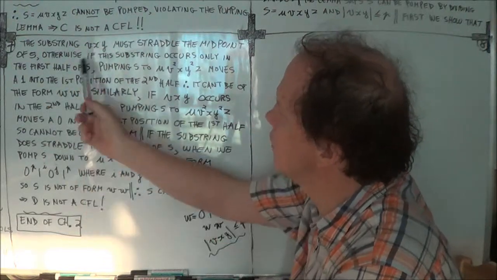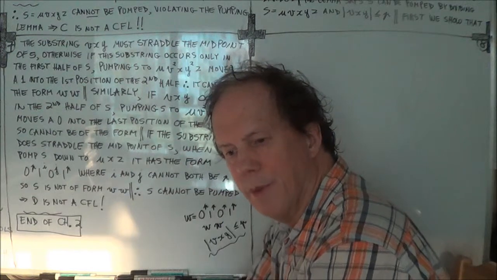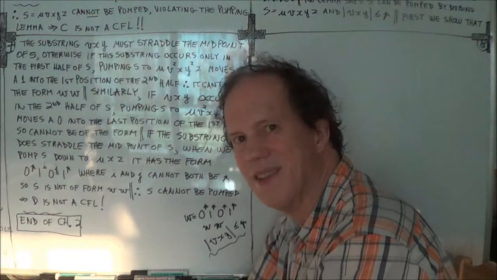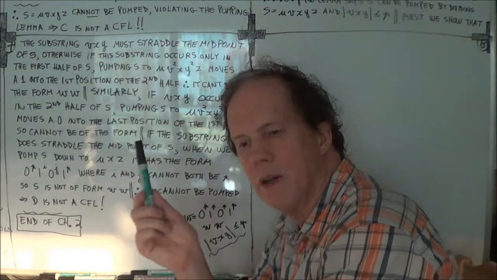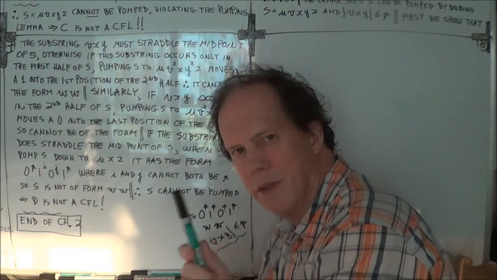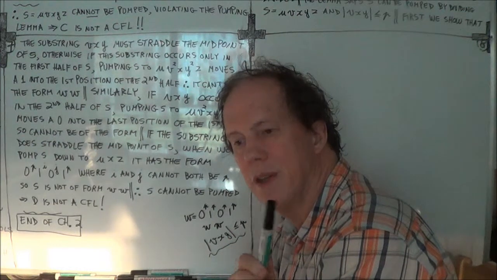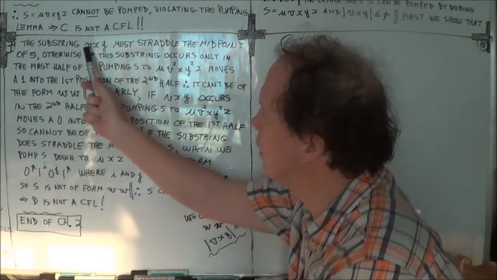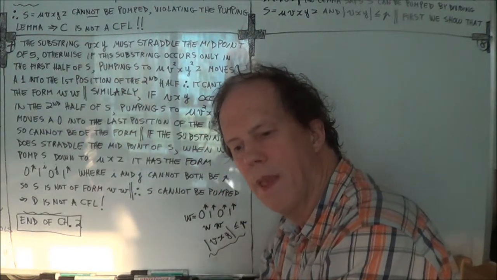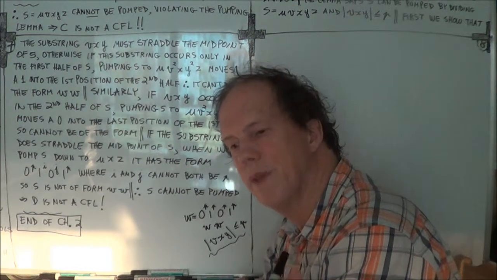The strategy is to show that this substring vxy overlaps the middle of the string S. Because if it does not overlap the middle point of S, that means all of vxy is either in the left half of the string or the right half. Makes sense.